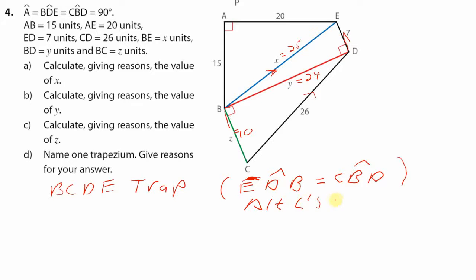So there are alternating angles that are equal. Therefore, we know that BE is parallel to CD.